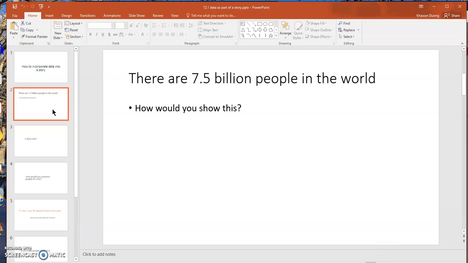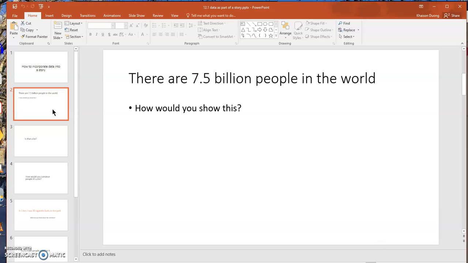Okay, so first of all, like I said, making a data visualization, how would you show this? With a chart? Bar chart? Seems kind of boring. What about actually showing little icons of people?